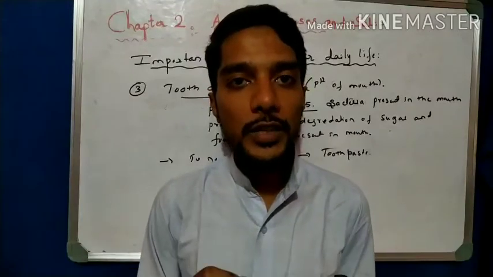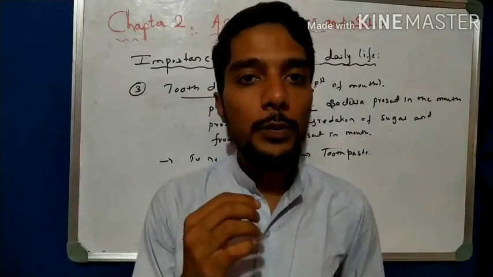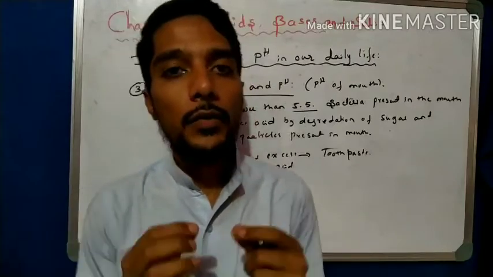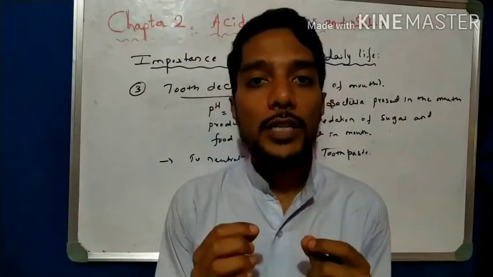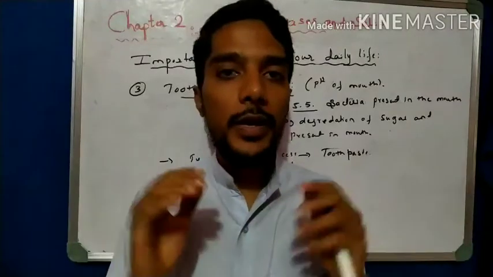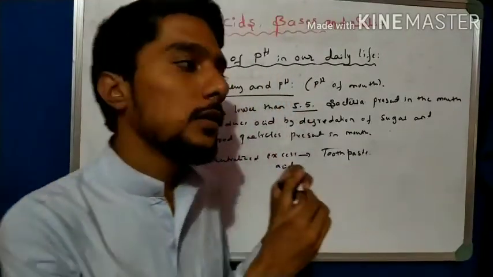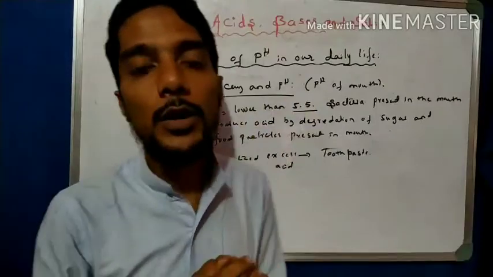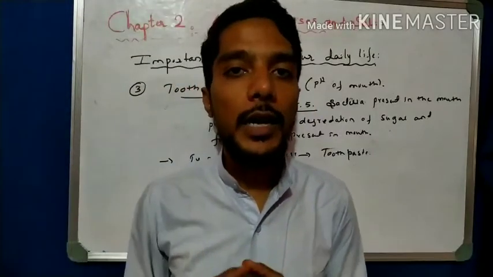Hope you understand how pH value is measured, which type of indicator is used, the pH scale in detail, and some basic important points about the importance of pH in daily life.